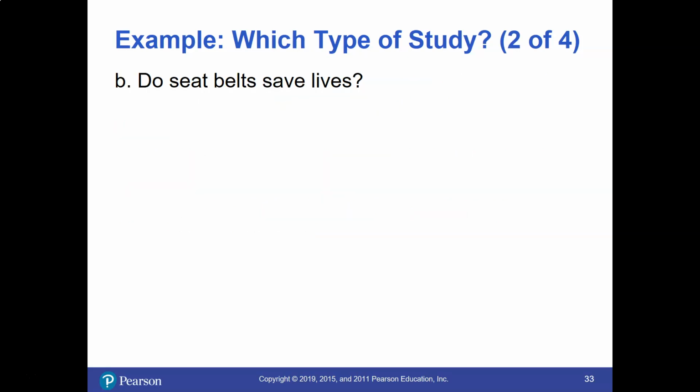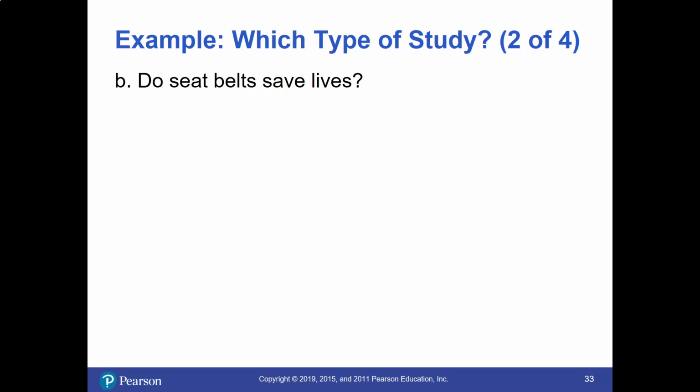Do seatbelts save lives? Okay, so this one you would want to do a retrospective study because ethically, if you try to observe people, well, first of all, there are seatbelt laws now when there didn't used to be, so it would be illegal. But secondly, it would also be unethical, because if it turns out that seatbelts are a valid safety precaution, you'd be putting people at risk.